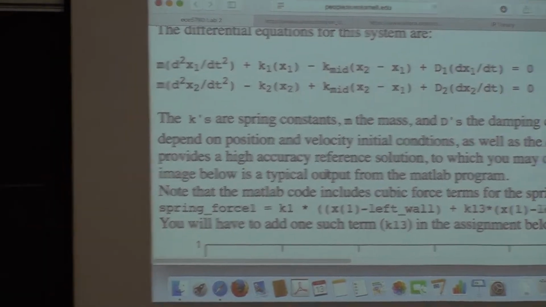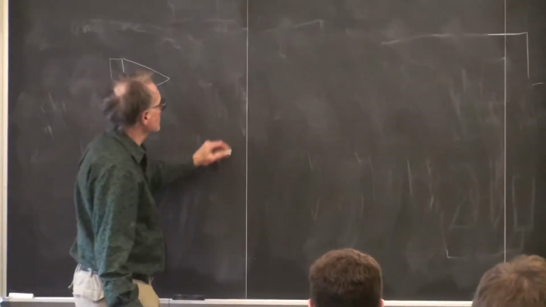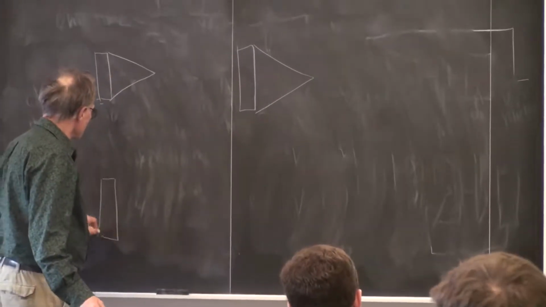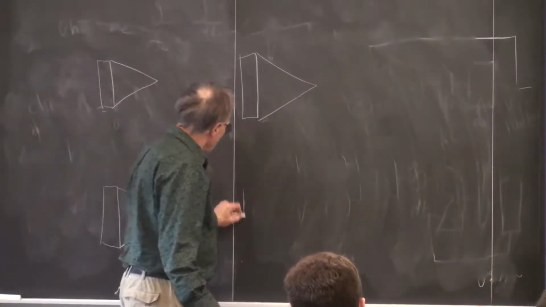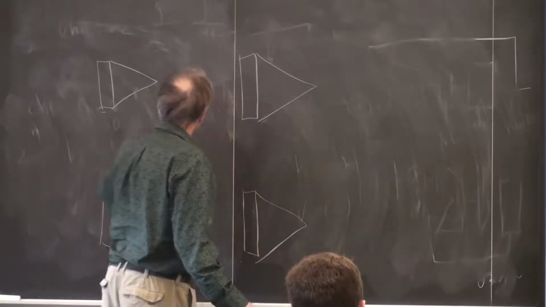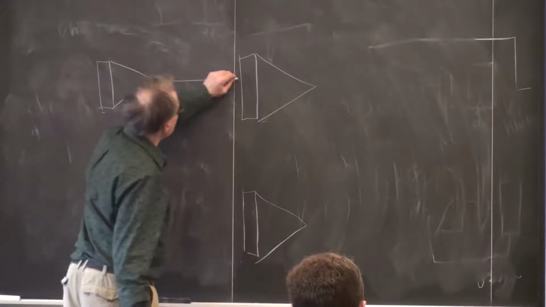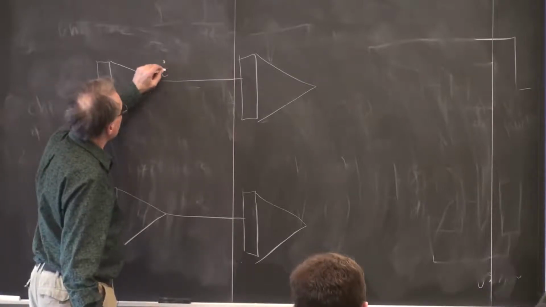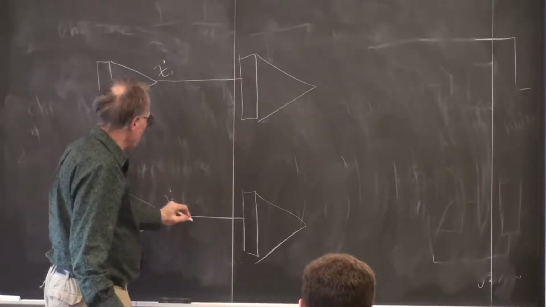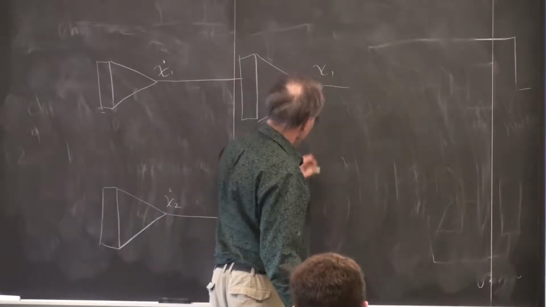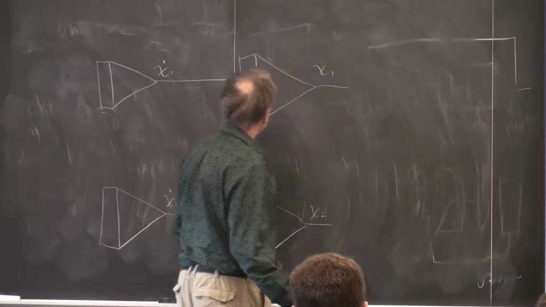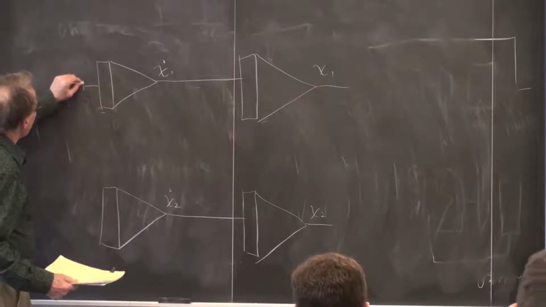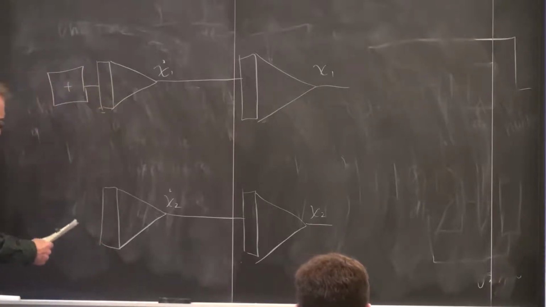So we're gonna have 4 integrators whose output is going to be x dot 1, x dot 2, x1, x2, and whose input is going to be determined by the sum of a bunch of different terms.